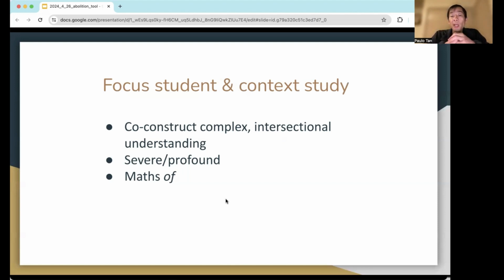So what I ask them to do is pick one student who can be identified, or their host teacher identifies, as having severe or profound disability. Now, in most cases, this student is not going to be part of the general education classroom. Again, these are teachers who are in general education classrooms. They also may spend some time in special education classrooms, but most of them don't focus on students with severe and profound disability.